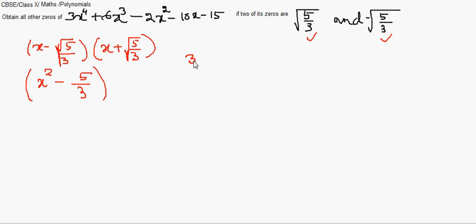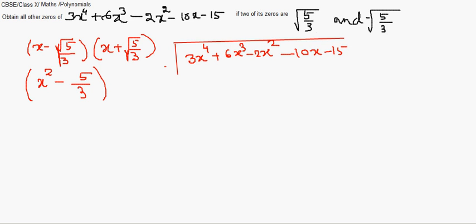So it is 3x to the power 4 plus 6x to the power 3 minus 2x to the power 2 minus 10x minus 15. I will be dividing it by the factor which I calculated here. I'll write it using a different color, that will help you observe it more carefully.